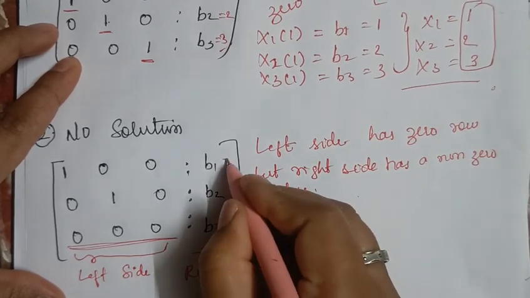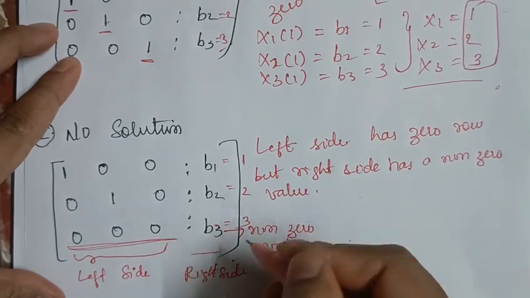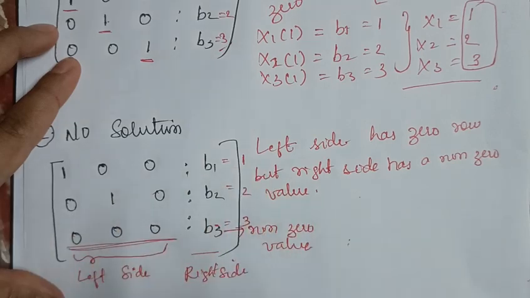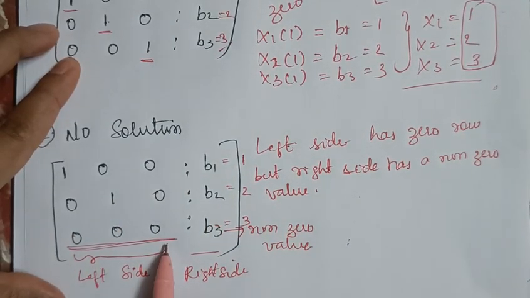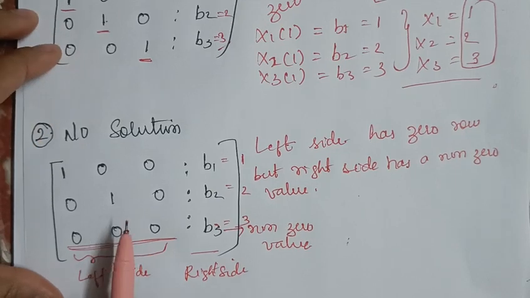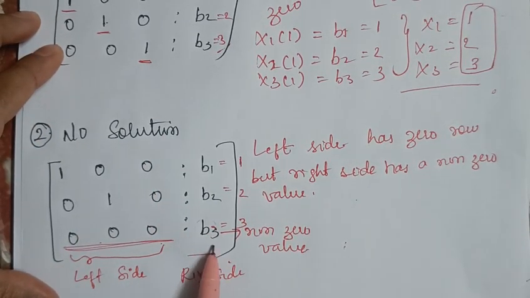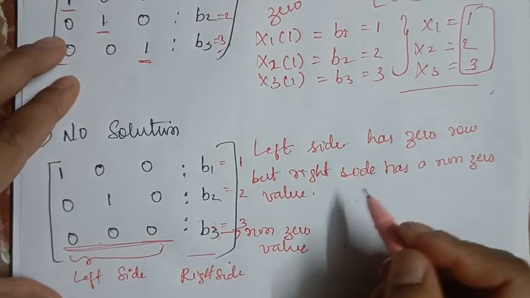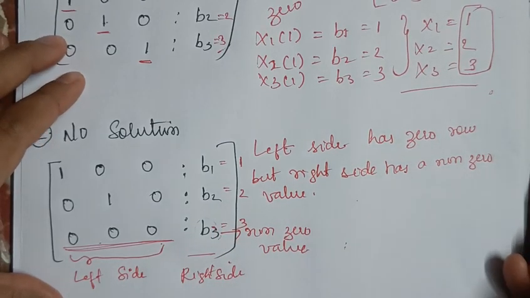Consider this is 1, 2 and again 3. This is a non-zero value, something like minus 3 or plus 3, anything but 0. But we have a 0 row, correct? In a no solution case, if we get a 0 row but we have got some value on the right side of the matrix, then we can say we have got no solution at all.